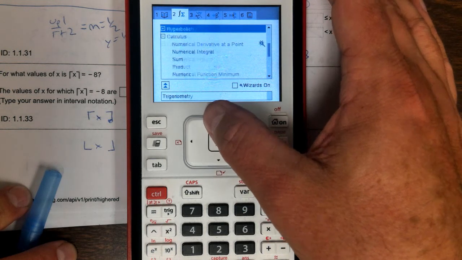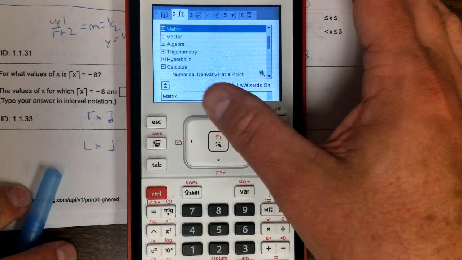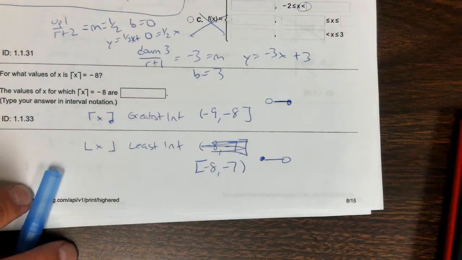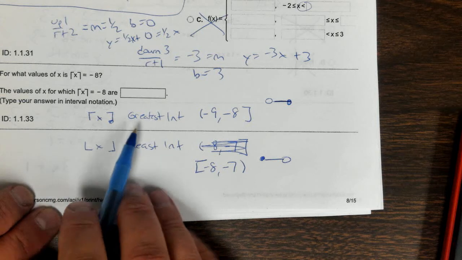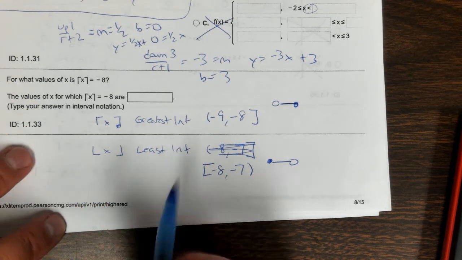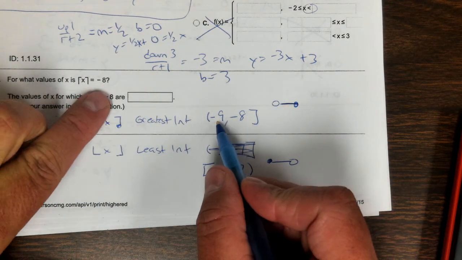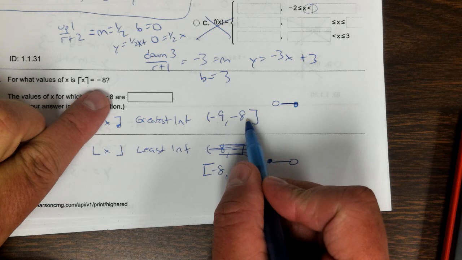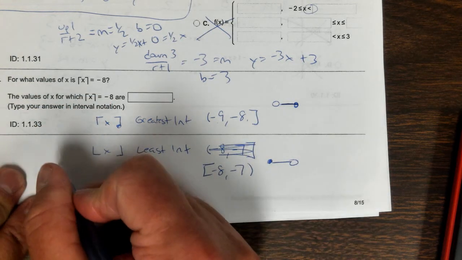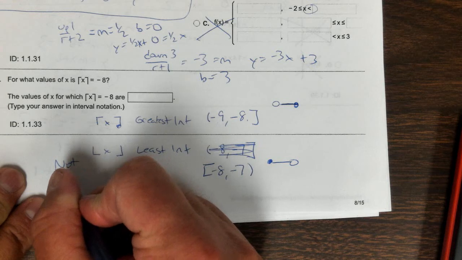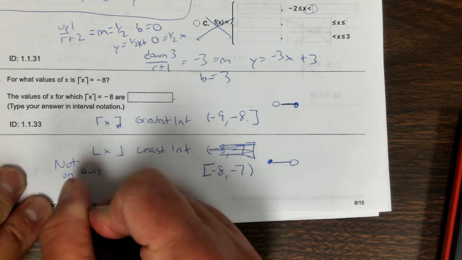I don't see where to do that very easily, so I will just go ahead and make a decision. This one, even though you should be able to do this on the homework, because all you do is take the number like that, or that number with the other one, would not be on the quiz or the test.